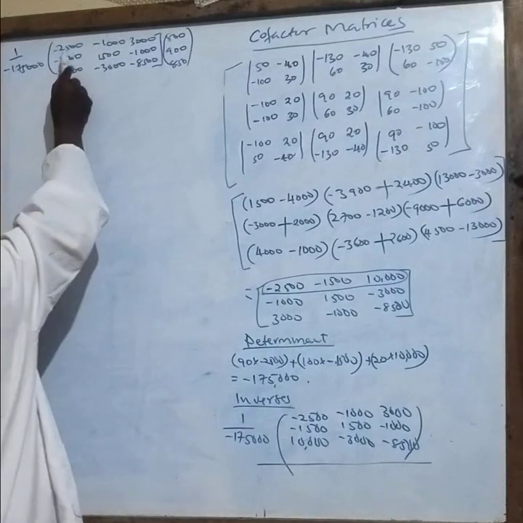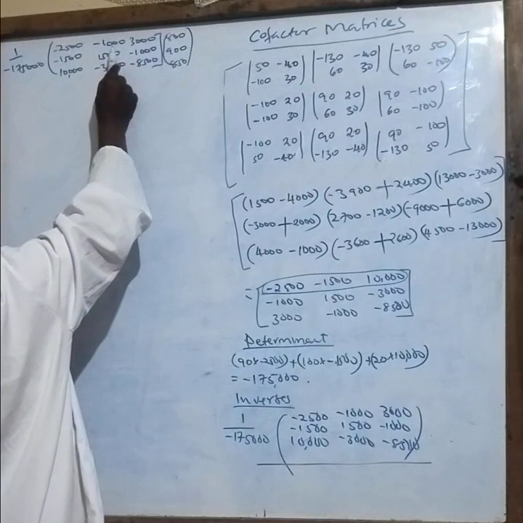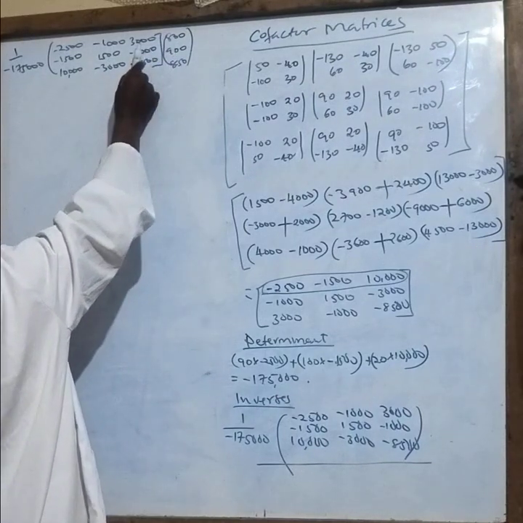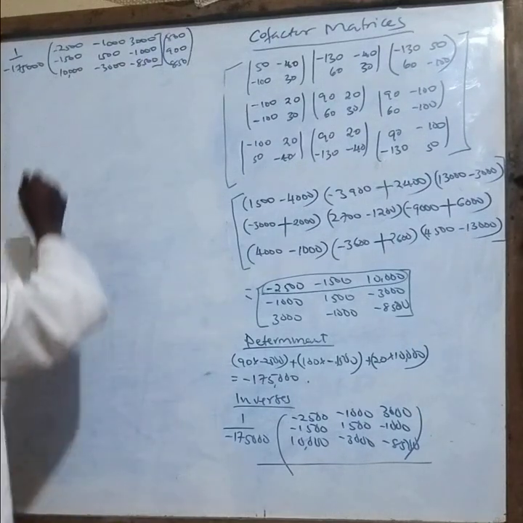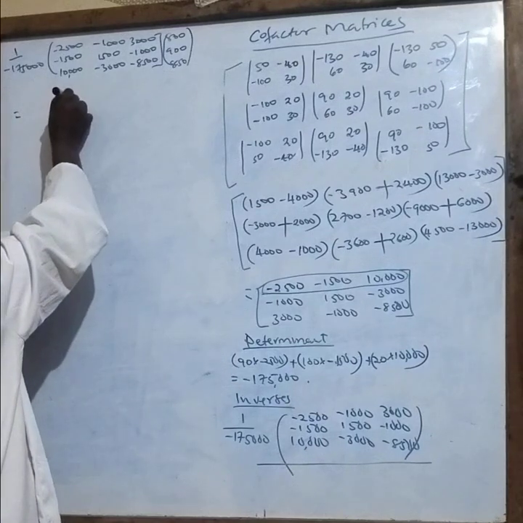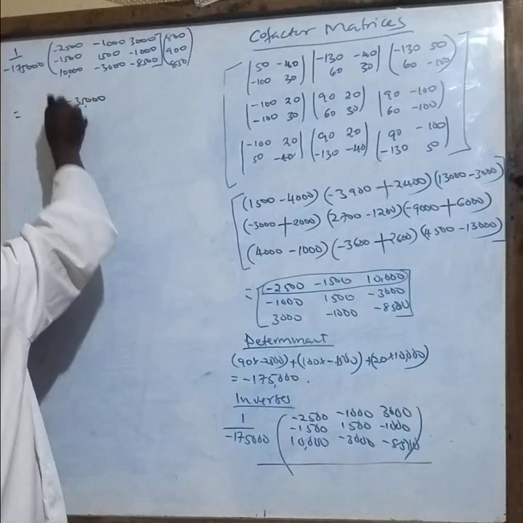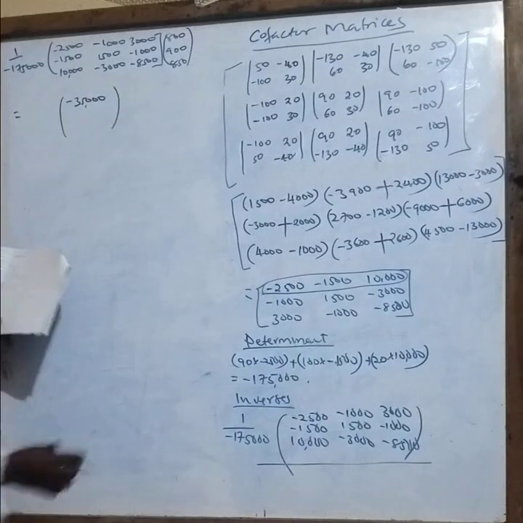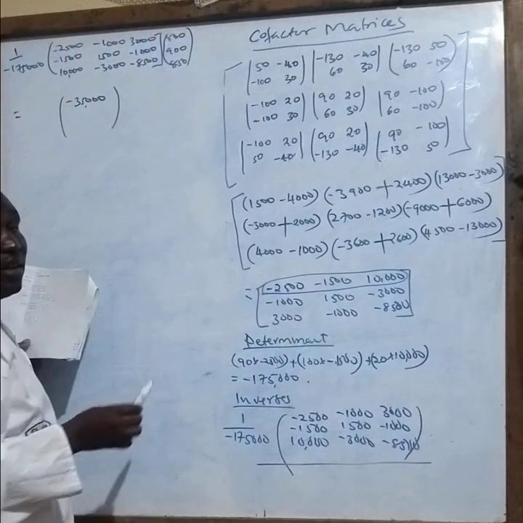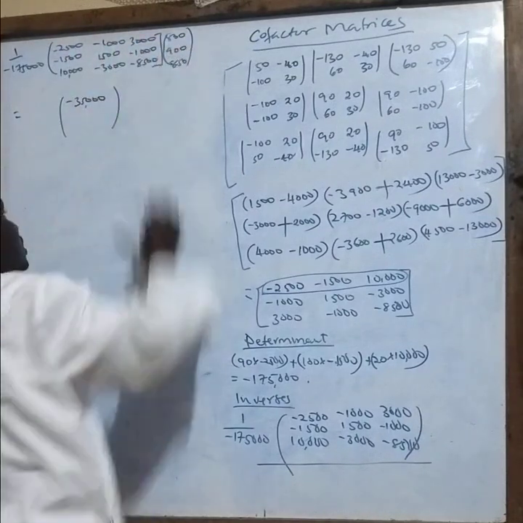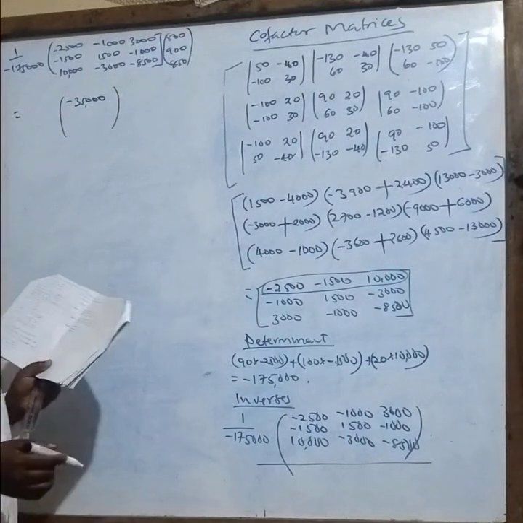So what do you do? What you get? Negative 2,500 times 800 minus 1,000 times 800 plus 3,000 times 850. When you do that, your answer you get here is negative 350. Second row, negative 1,500 times 800 plus 1,500 times 900 minus 1,000 times 850.